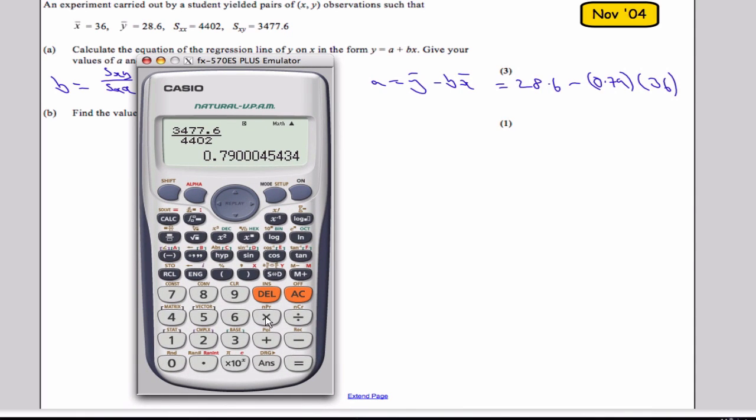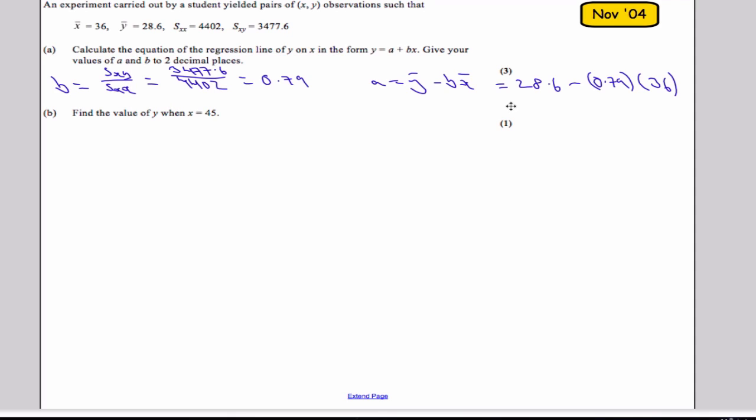Take my answer, multiply it by 36. I'm going to multiply by minus 1 to make it negative. And then this is a positive number, so I'm going to add it on, plus 28.6. And we get to 2 decimal places, 0.16. A equals 0.16.